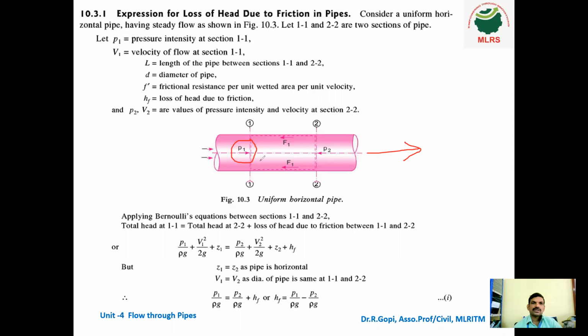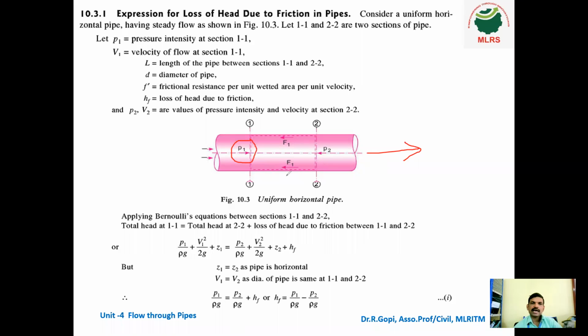Now applying Bernoulli's equation between section 1-1 and 2-2. Total head at 1-1 equals total head at 2-2 plus loss of head due to friction between 1-1 and 2-2. If water is flowing from section 1-1 to 2-2, there will be some head loss.